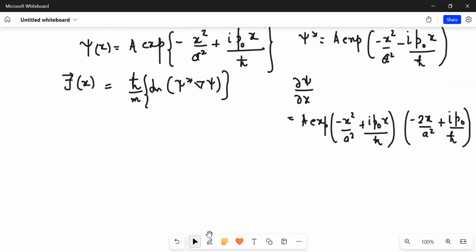So if I want to use this, then what I'll get? What is psi star? Psi star is this. So I'll write again A star. I forgot. Okay, so this is A star.